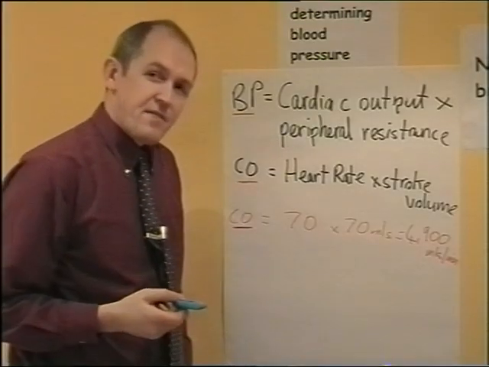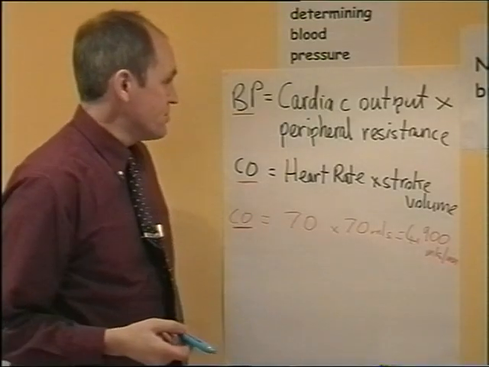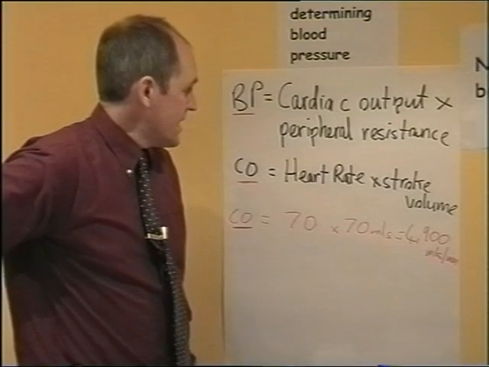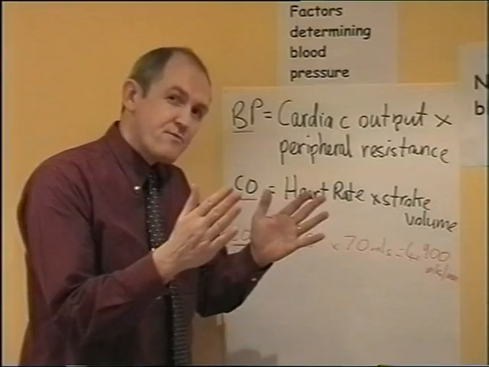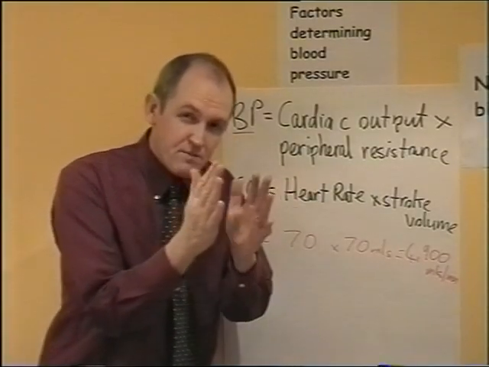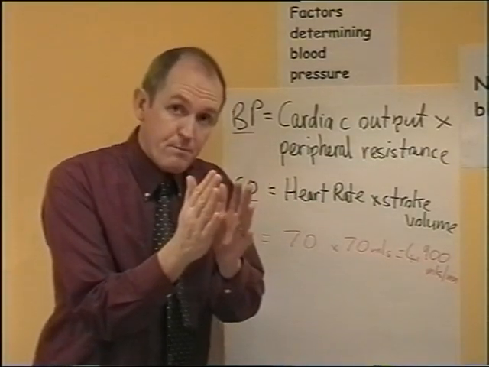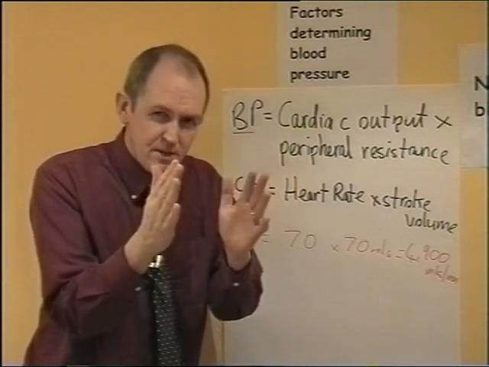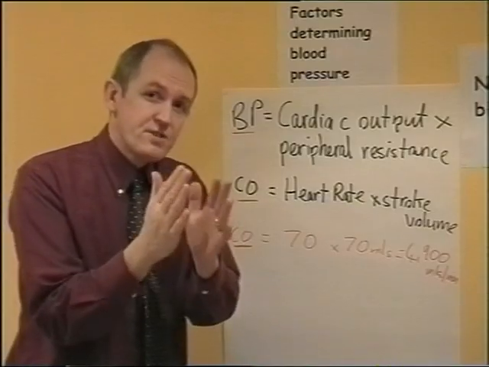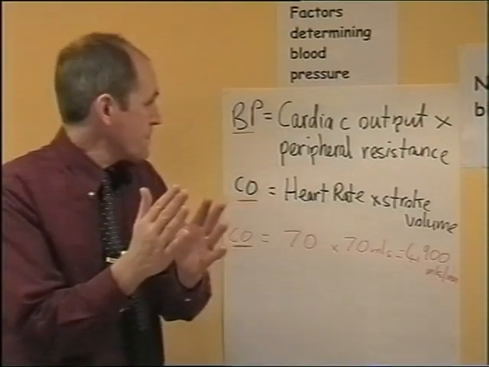But the other main thing affecting blood pressure is the peripheral resistance. Now, if the peripheral resistance increases because there's a peripheral vasoconstriction, because the blood vessels get smaller, then the blood pressure will go up, because when the arterial vessels get smaller, the peripheral resistance will increase.